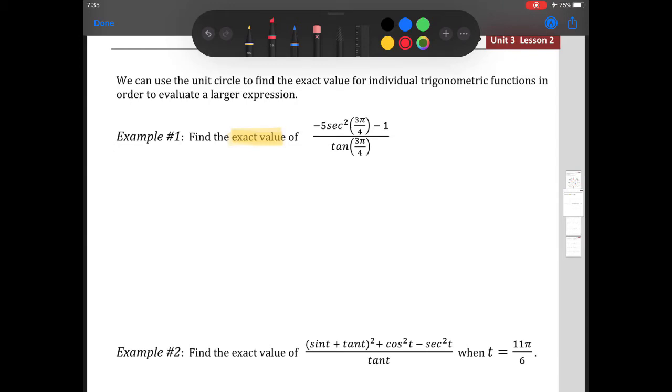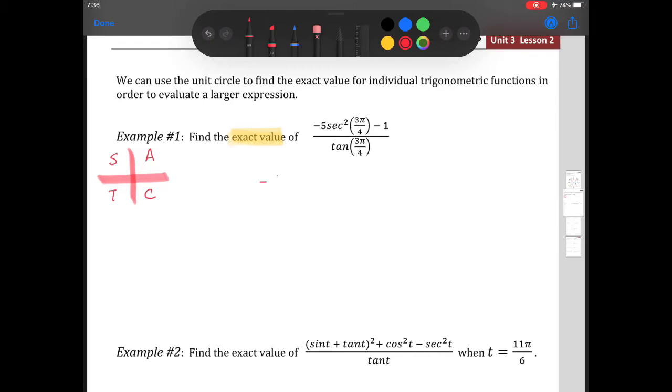You're going to use your unit circle and your memorization of the unit circle to help you find these values, right? I'm just going to quickly draw this up here. It's ASTC. Remember, all trig functions are positive in the first quadrant, only sine and cosecant are positive in the second, tangent is positive in the third quadrant, and cosine is positive in the fourth quadrant.